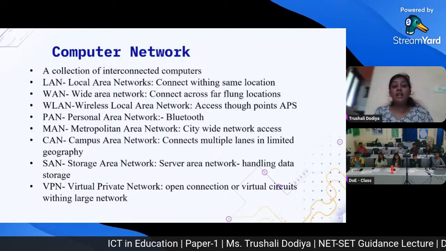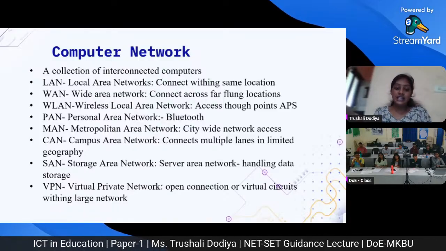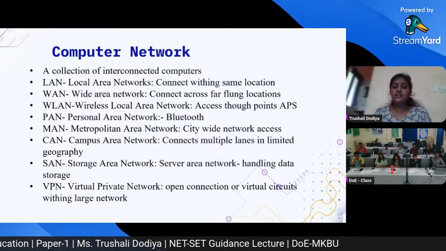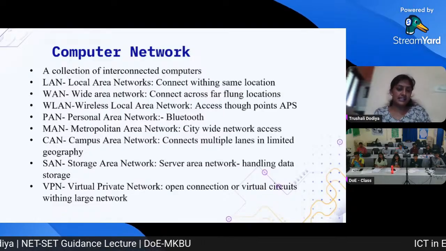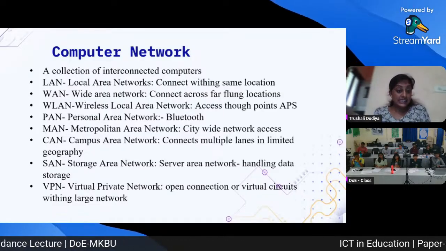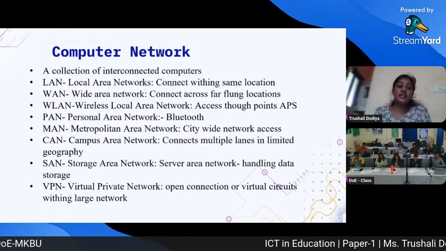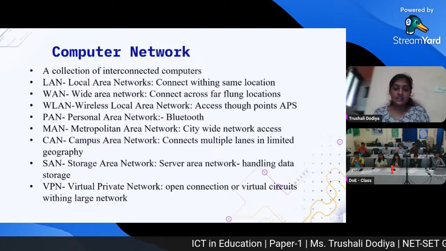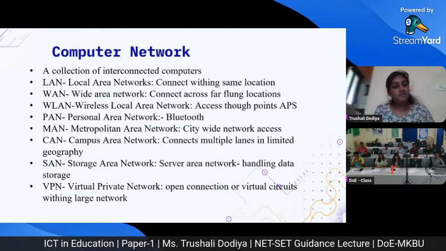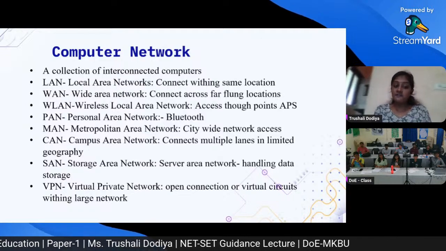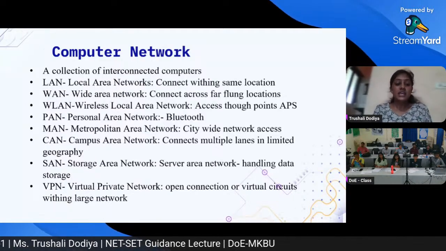MAN stands for Metropolitan Area Network, that connects city-wide and gives city-wide network access. CAN stands for Campus Area Network, that connects multiple LANs in a limited geography, as in a department, university, offices, and all.